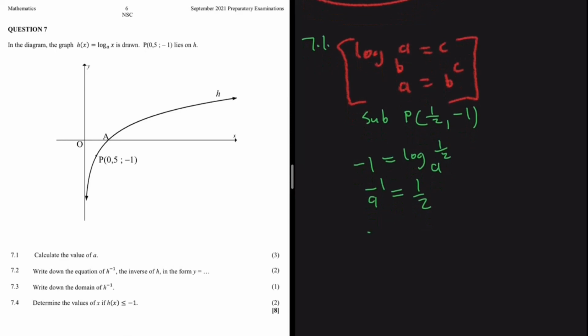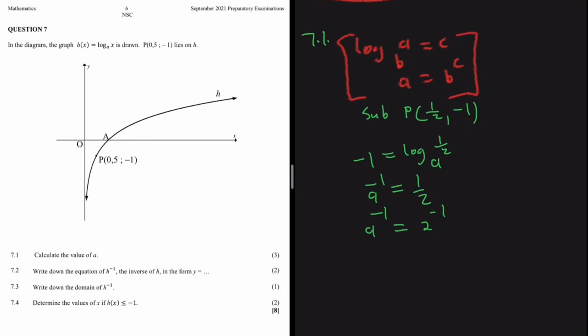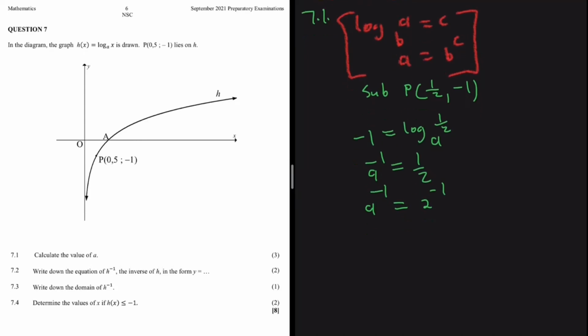So we have a to the minus 1 equals 2 to the minus 1, and 2 to the minus 1 is the same as 1 divided by 2. Now you can see that the exponents are the same, so we can drop them and equate the bases. So a is equal to 2. Our equation h of x now becomes log of x base 2.